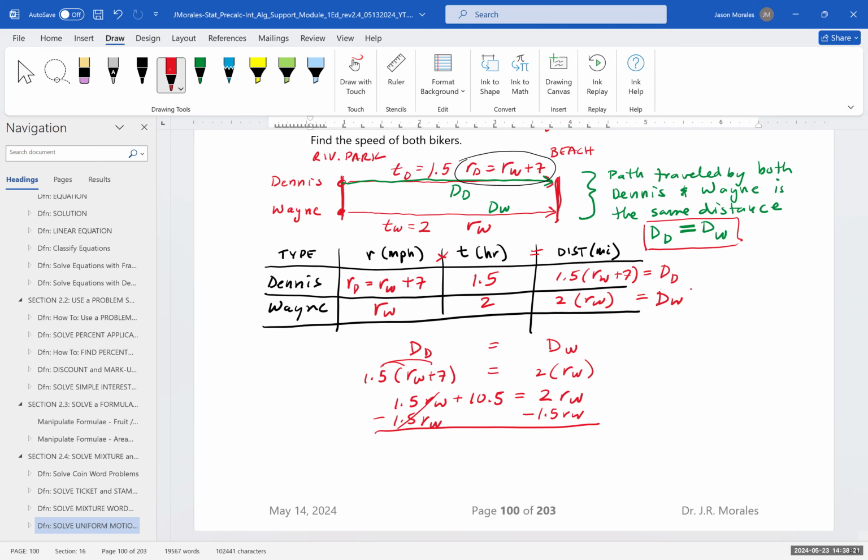So we've got 10.5 is equal to 0.5 times the rate of Wayne. Divide both sides by 0.5, and the rate of Wayne is equal to 10.5 divided by 0.5, which is 21 miles per hour.